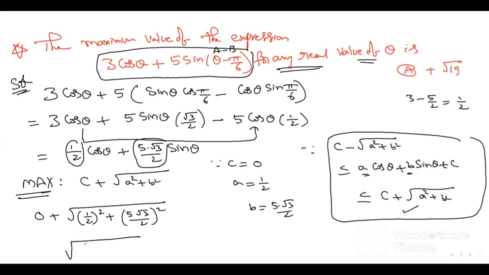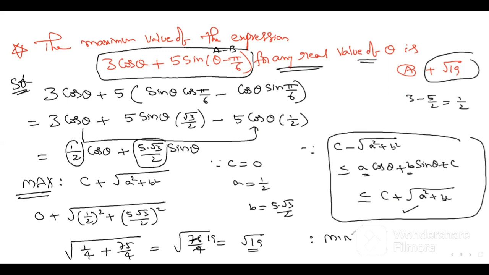So root under 1 by 4, 5 root 3 whole square by 2 square, 25 into 3, 75 by 4. So what we get here? 75 by 4 plus 1 by 4, it will become 76 by 4. It would be 4 times 19, 4 gets cancelled, root 19 is the answer. So maximum value root 19. So minimum value is minus root 19.